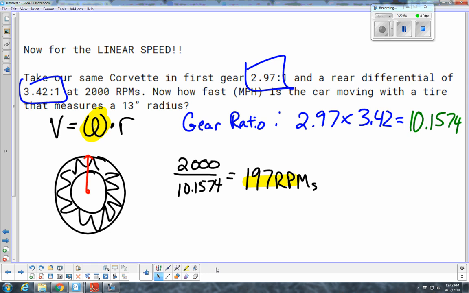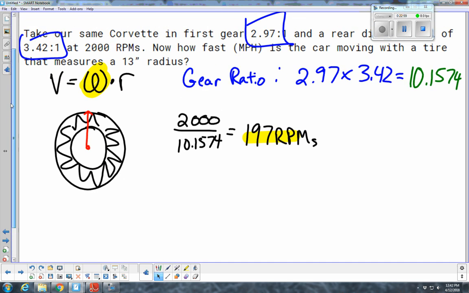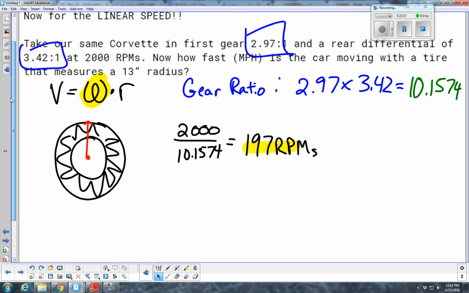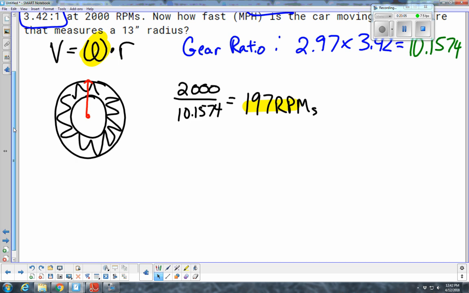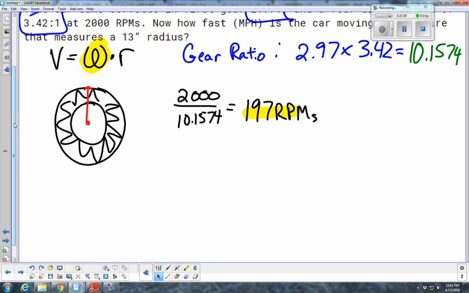I'm just moving it down, I just need a little bit of room. 13 inches is our radius. Let's do this workout. The linear velocity is the angular velocity, 197 revs per 1 minute. You see how I wrote that? Revs per minute.